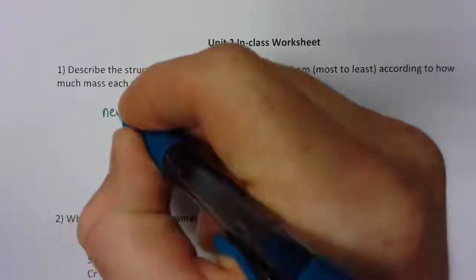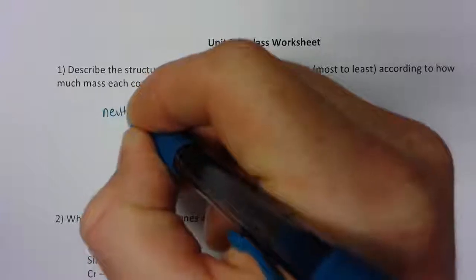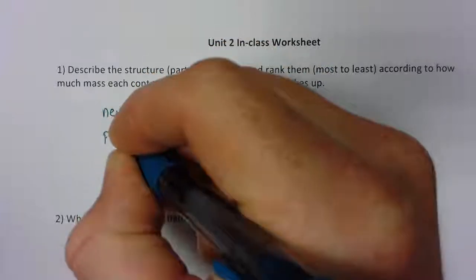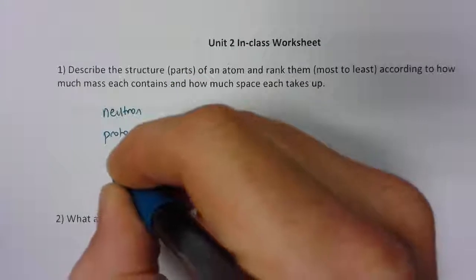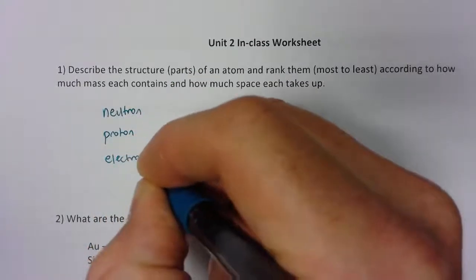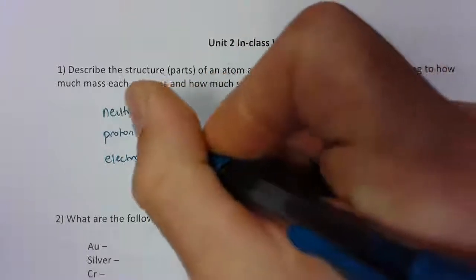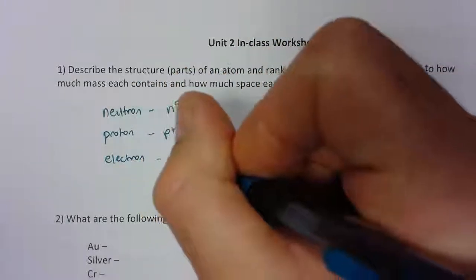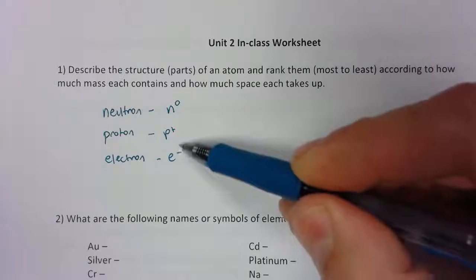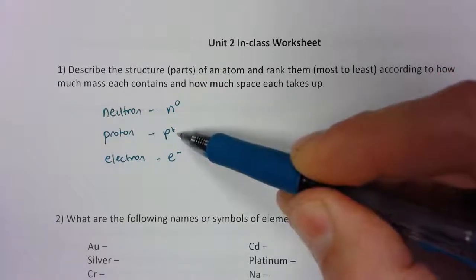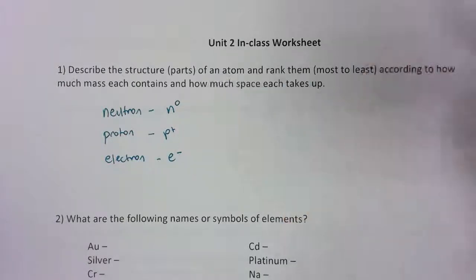There's the neutron, there's the proton, and the electron. We can abbreviate these as such. This indicates their charge. Neutrons have no charge, protons have positive charge, and electrons have a negative charge.